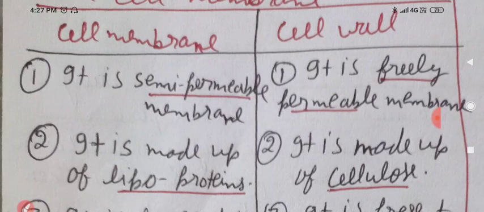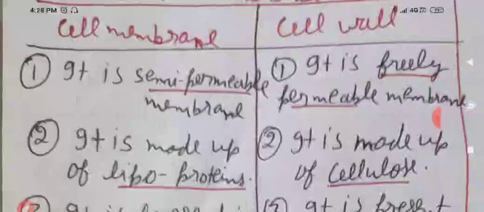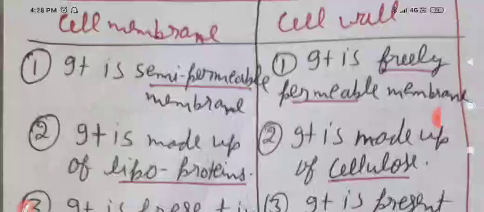So the difference between cell membrane and cell wall: first, the cell membrane is semi-permeable and the cell wall is freely permeable. Second, the cell membrane is made up of lipoproteins, and the cell wall is made up of cellulose.